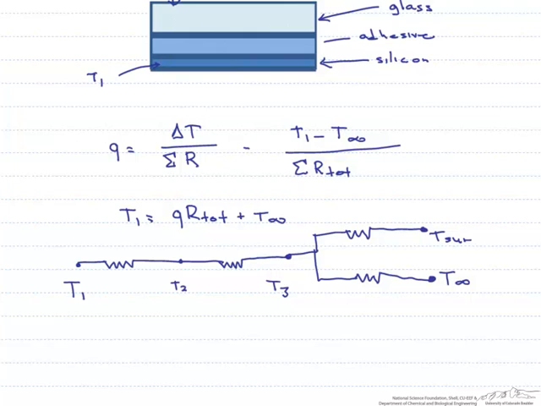So let's look at what these resistances are. The conductive resistance is L sub A, the length of the adhesive, divided by its thermal conductivity times the area. Here we have L sub G divided by K sub G times the area. Here we have the resistance of the radiation, which was given to us in the problem. And here we have 1 over the heat transfer coefficient for convection times the area.